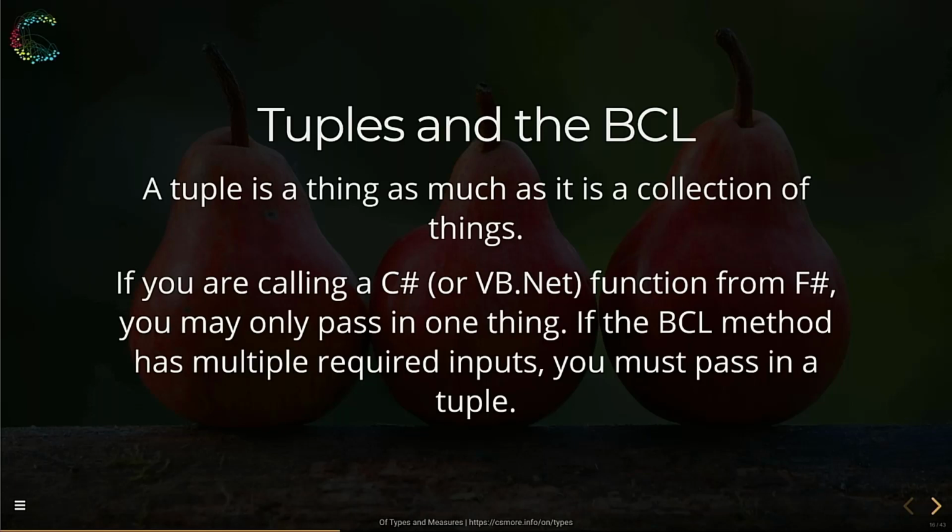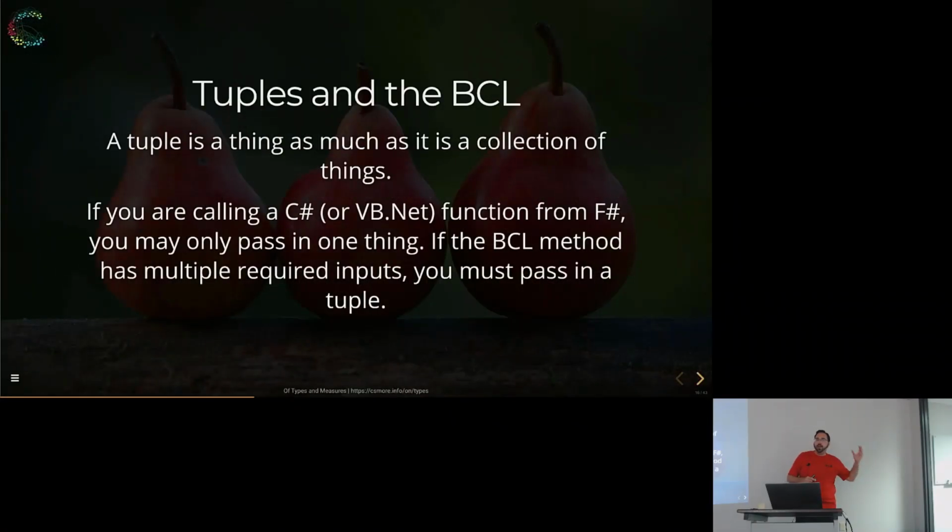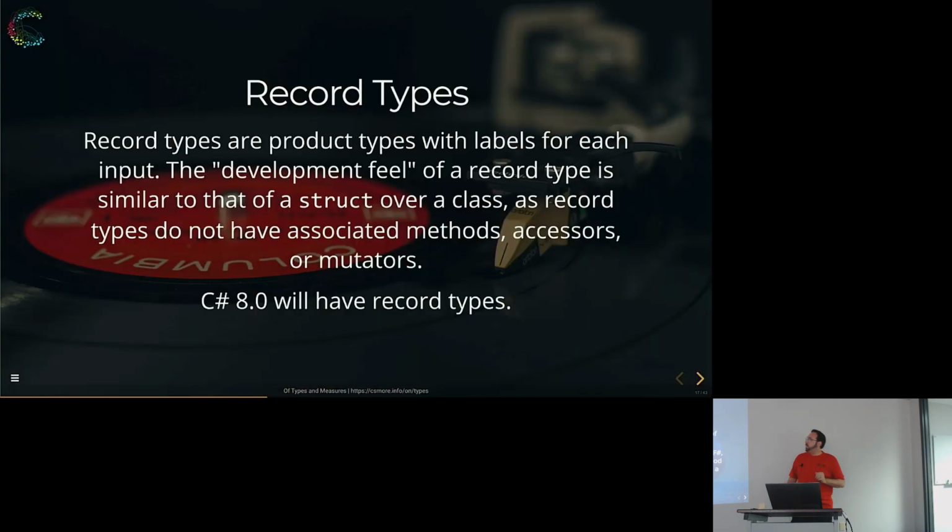Well, in F# world, I send in a tuple of those arguments. So it kind of looks the same way. Versus a pure F# function, I have a couple of different methods for dealing with arguments. So we'll see this in the demos.